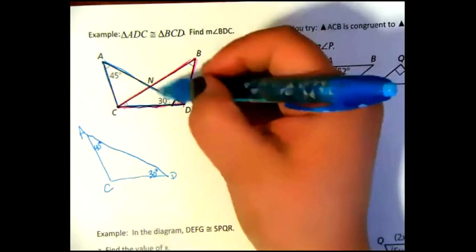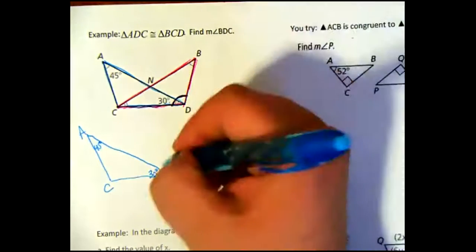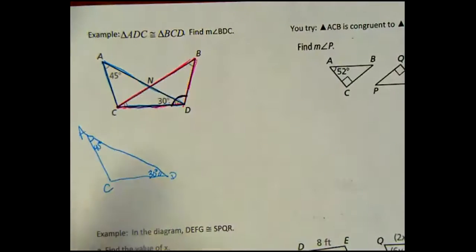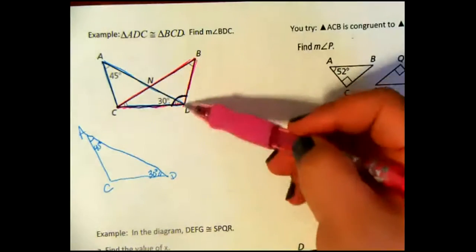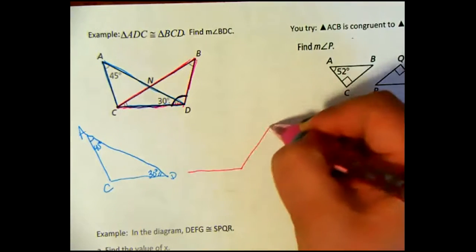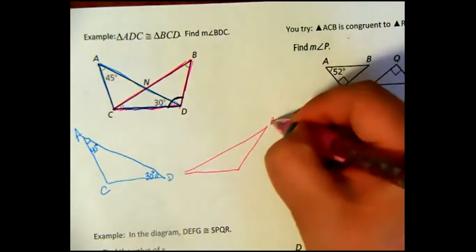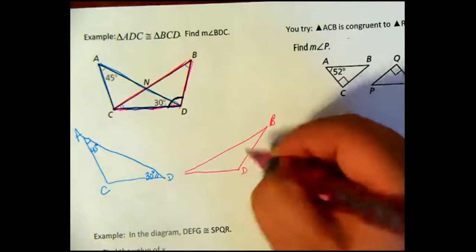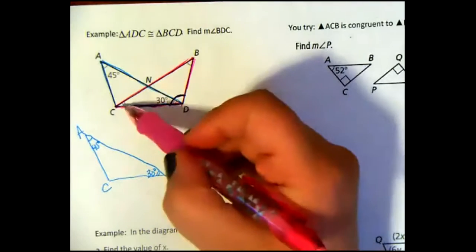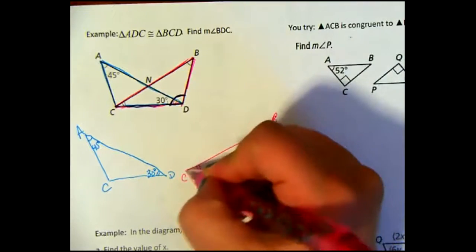Okay. That angle right there is 30 degrees. So that angle and that angle here. And then I have triangle BDC this way. It doesn't look quite congruent, but that's okay. I can see that this angle here is congruent to that angle.